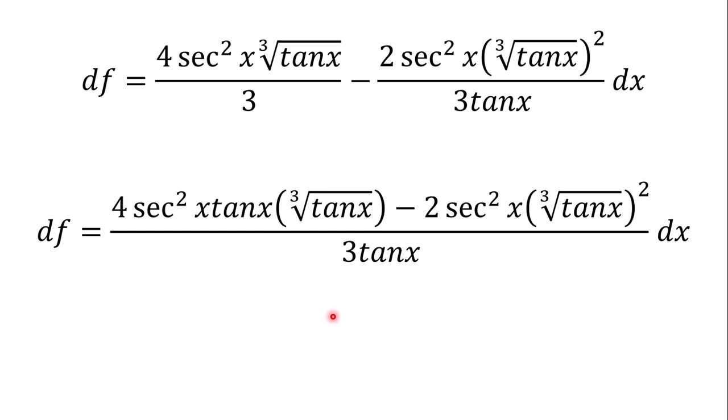All right, so 4 secant x squared multiplied by tangent x times the cube root of tangent x, minus 2 secant x squared multiplied by the cube root of tangent x to the power 2, divided by 3 tan x, is the derivative of the cube root of tangent x to the power 4 minus the cube root of tangent x to the power 2 plus 1.